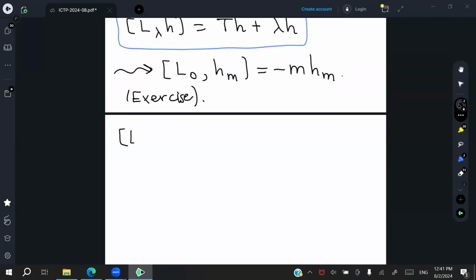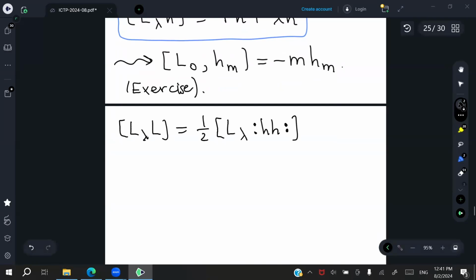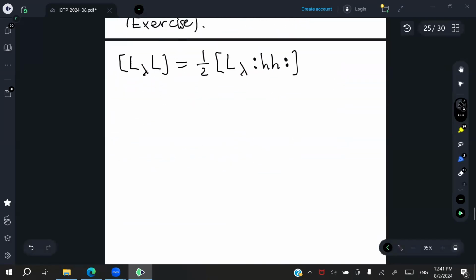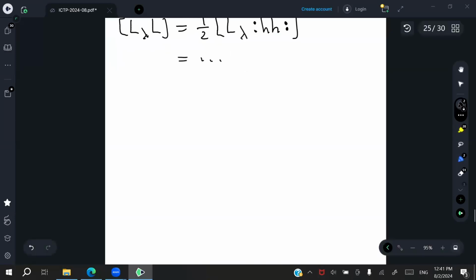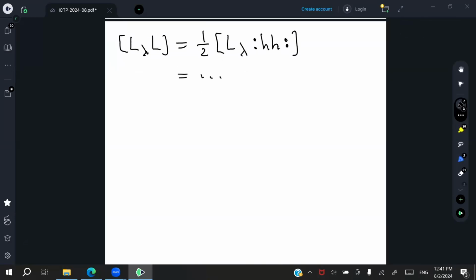So now L lambda L is going to be given by a half L lambda the normally ordered product of h with h again. So we're using again the definition of L. And we again use the Wick formula and compute. The computation is much more interesting this time, and this time a non-trivial integral will appear. Again, I'll leave it as an exercise to do the computation.